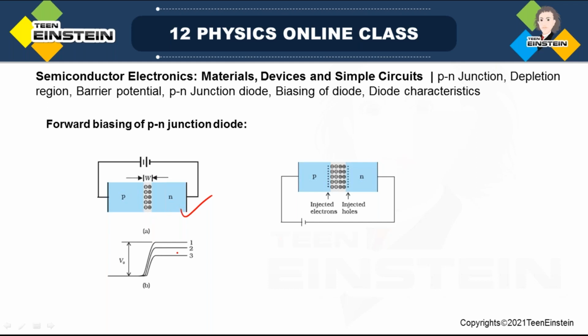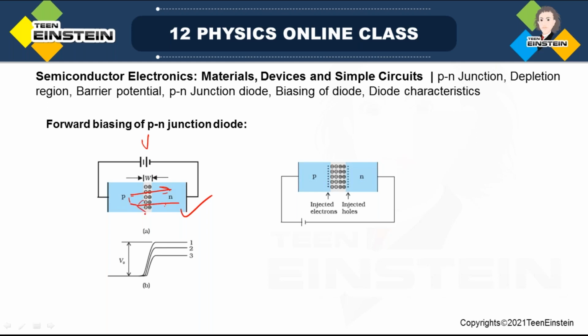Okay, so what happens if you apply some positive voltage here? At forward bias, the majority carriers, electrons and holes, will be there. The holes will be going this way and electrons will come this way.